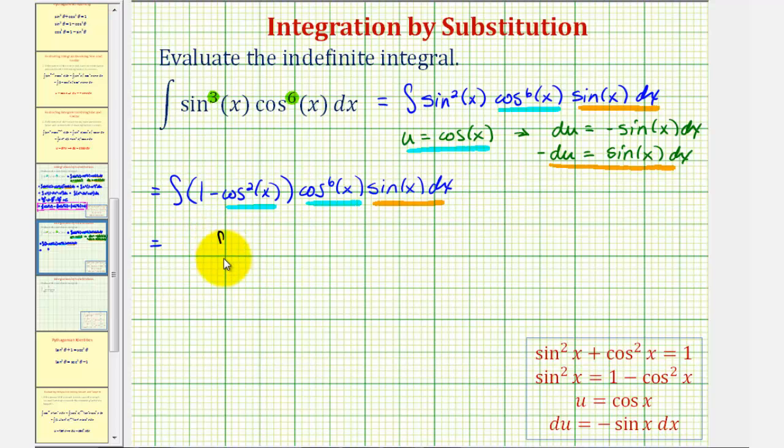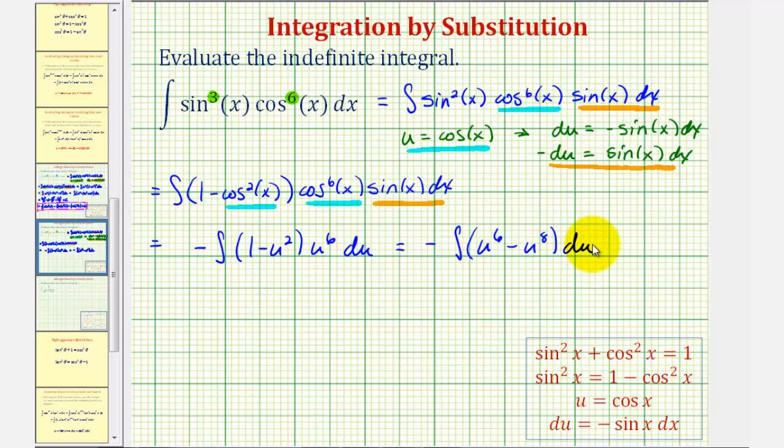So we'll have the integral of the quantity 1 minus u squared times u to the sixth times negative du. Let's factor the negative out, and then we'll have differential u here. Next, we'll distribute the u to the sixth, so we'll have negative the integral of u to the sixth minus u to the eighth.